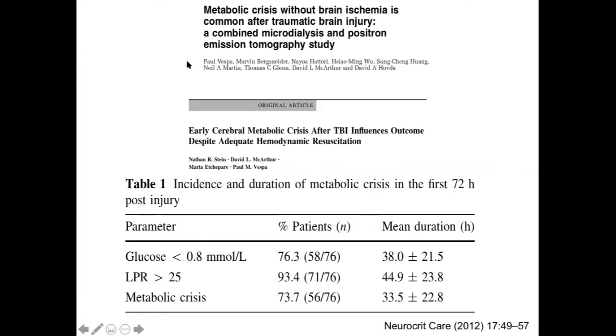And we all know that the group at UCLA has shown that there is something called metabolic crisis. And this is defined using intracerebral microdialysis. And here the cutoff, so when the extracellular glucose concentration is below a certain value, and when the lactate to pyruvate ratio is above 25, this is a condition of metabolic crisis. In this condition, the brain is still viable.